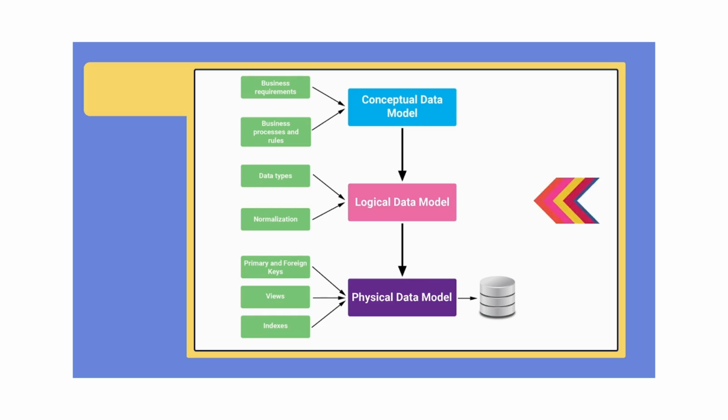Physical data model, the most detailed model related to implementation, uses primary and foreign key to link tables, define views for simplified or secured data, create indexes to speed up data retrieval. These models reflect how the database will actually be built and queried.